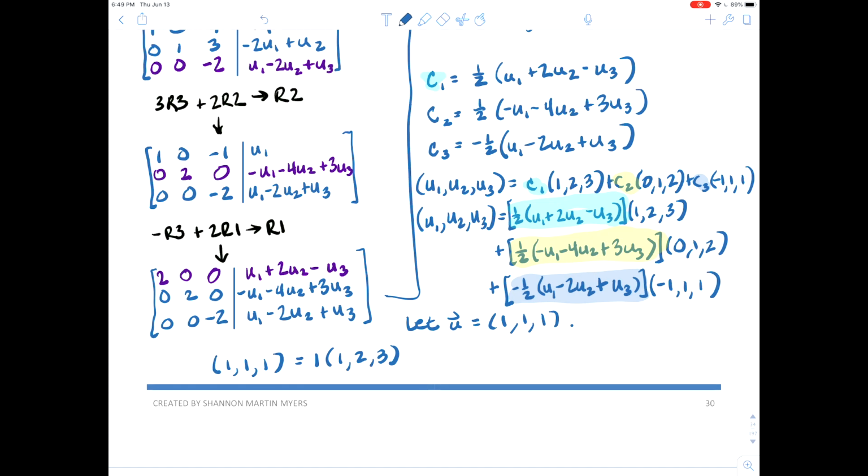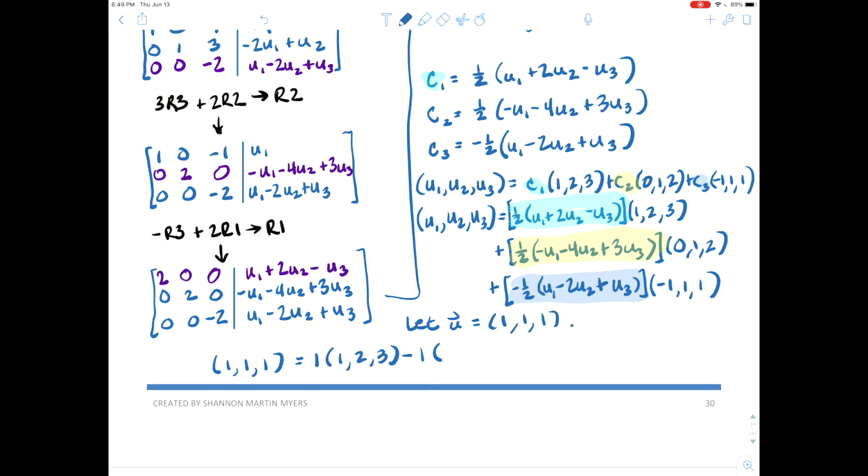All right, let's solve for C2 now. So if I put 1, 1, 1 into the expression that we got for C2, the yellow one, what will we have? We'll have -1 minus 4 is -5. -5 plus 3 is what? -2, and -2 times 1/2 is -1.